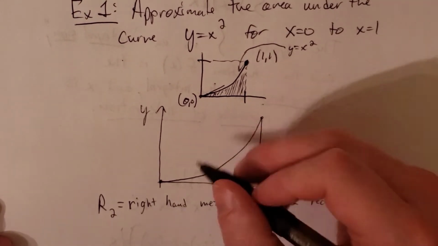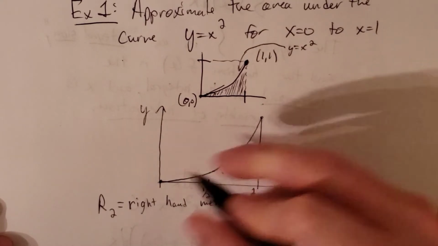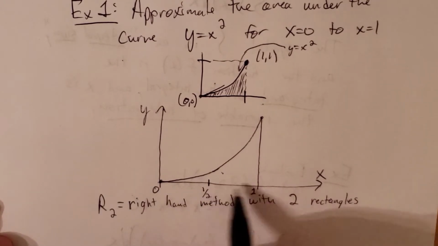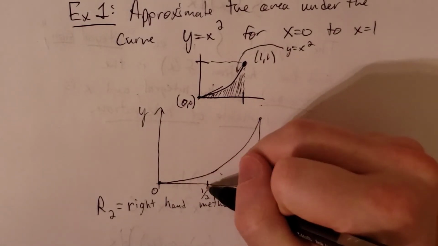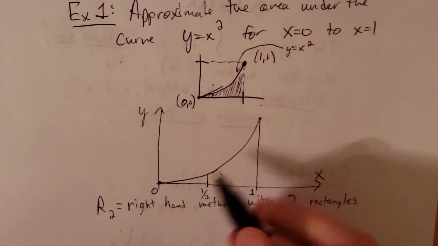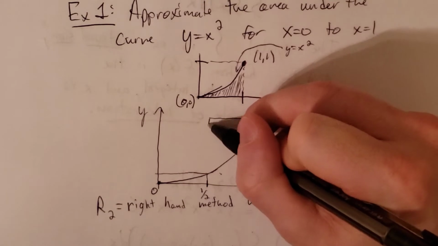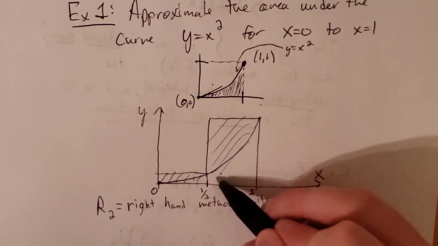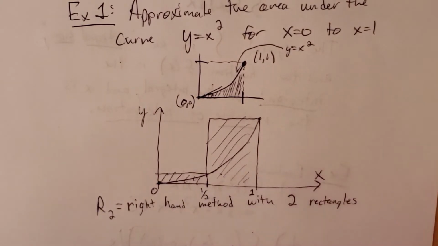We're going to first break this up into two rectangles, and to do that, we're going to break up our horizontal distance here evenly into two pieces. The two rectangles are here. So we're going to calculate this area plus this area, add up all of that, and use that as an estimation for our area under the curve.